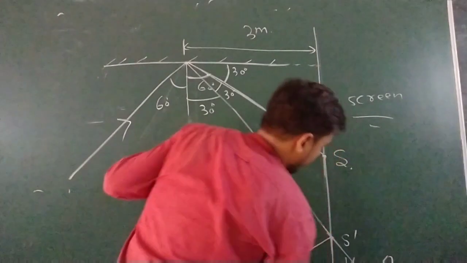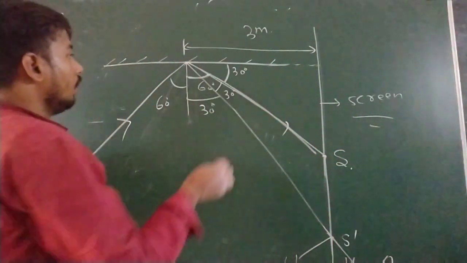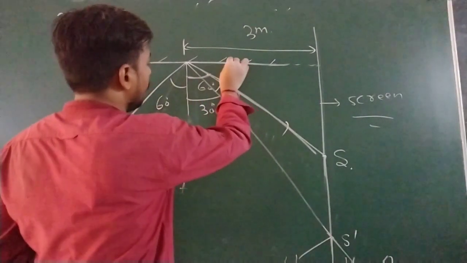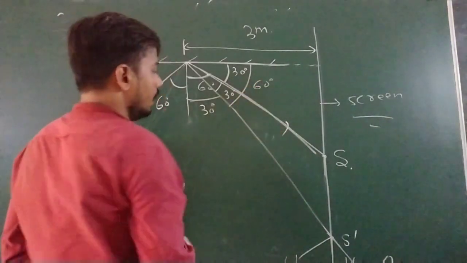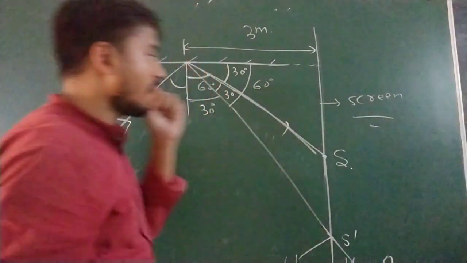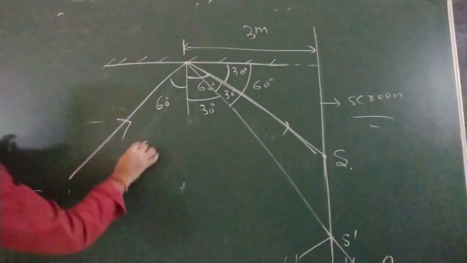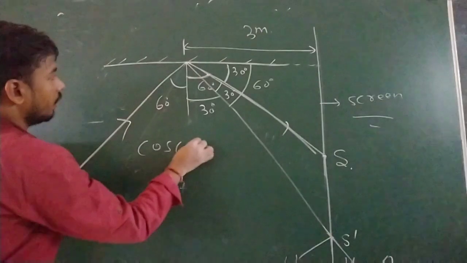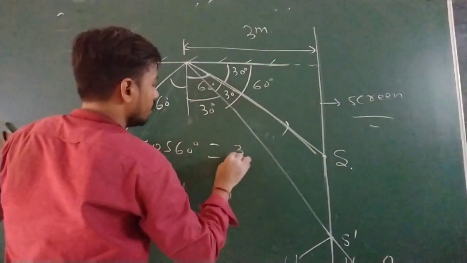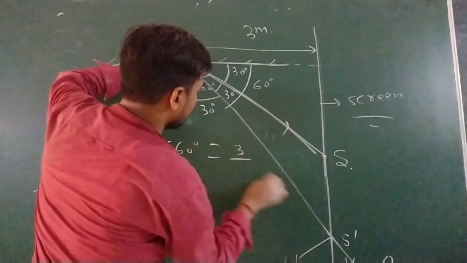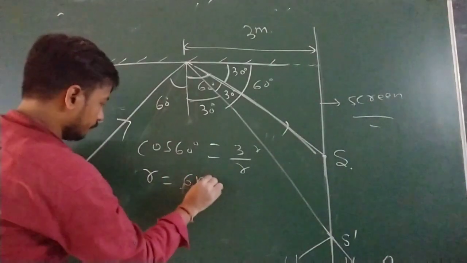This becomes V theta cap. This becomes Vr. So this is 3. This total angle given from here, this becomes 30. So this becomes what? 60 degree. So we need to calculate this distance. So what can we say? See here, cos 60 is equal to 3 by this hypotenuse r. So r becomes 6 meter.